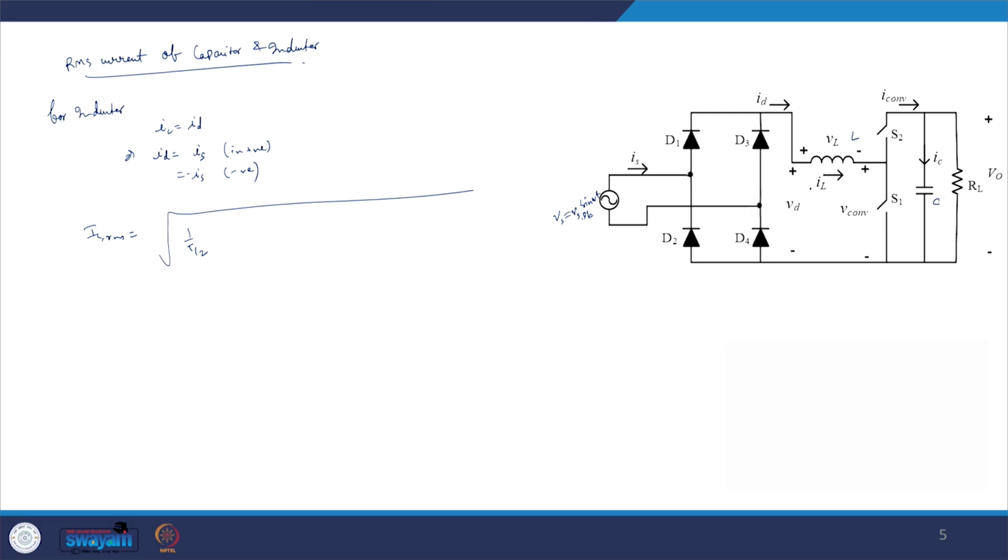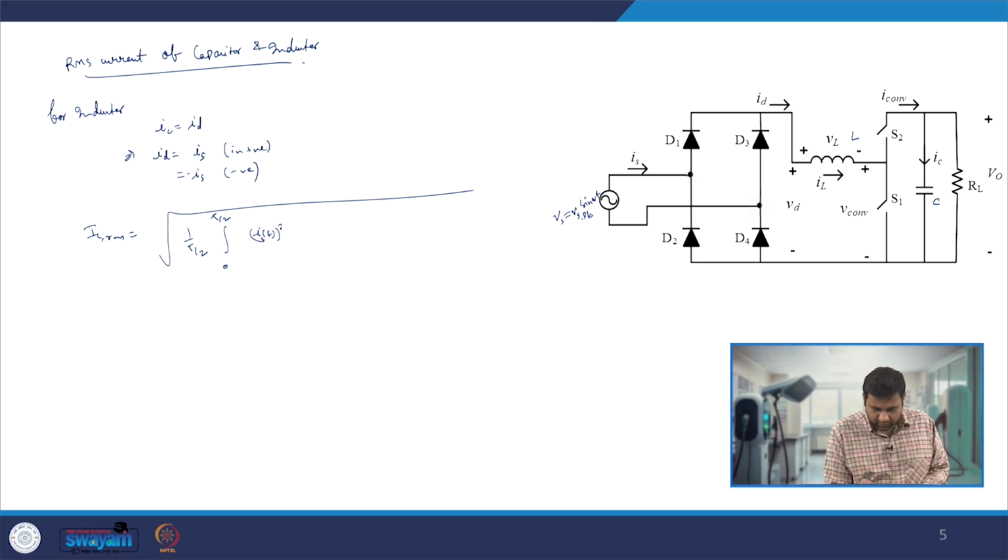And this IL current will repeat itself after every half cycle, that means after every T by 2 period. So that's why we have taken 1 by T by 2, going from 0 to T by 2, Is square d of t dt, plus 0 to T by 2 Is square t into 1 minus d of t, summation going up to dt.